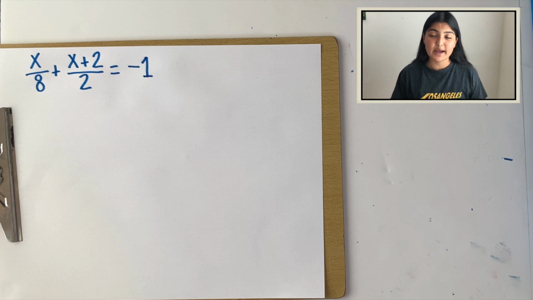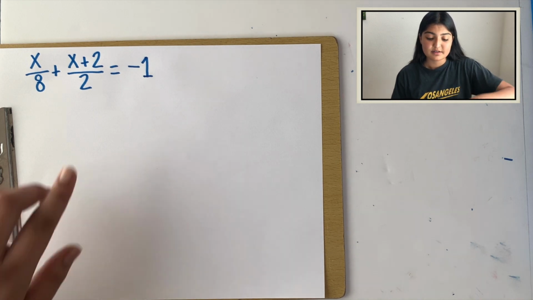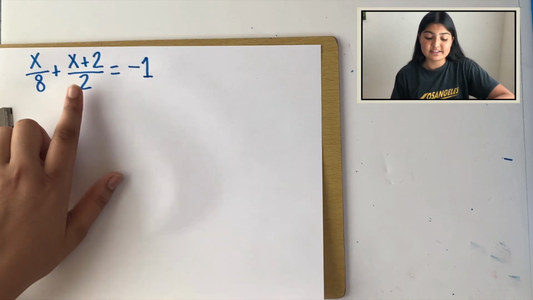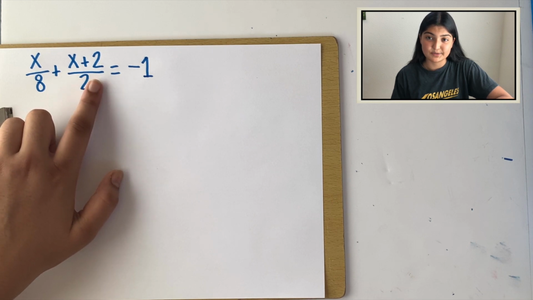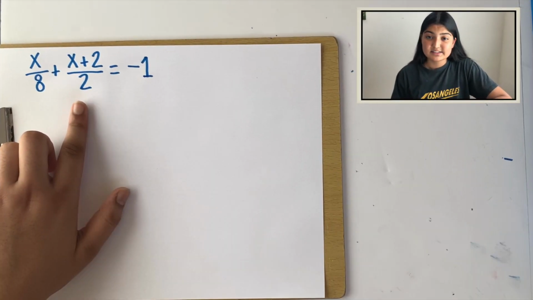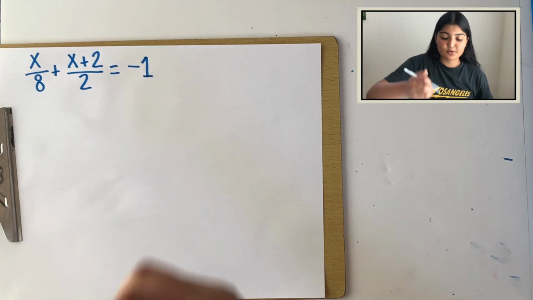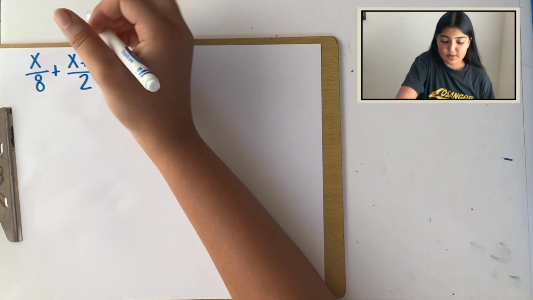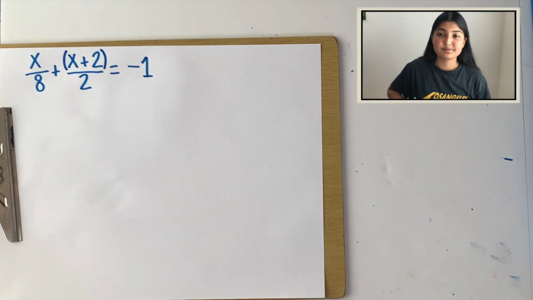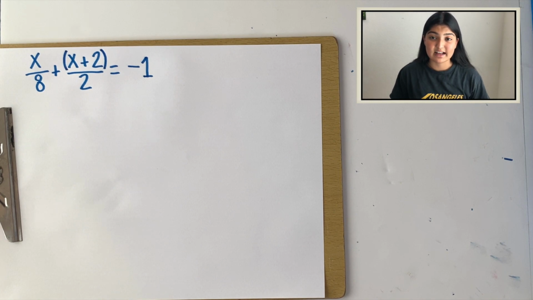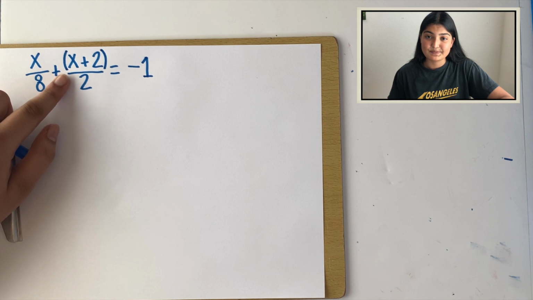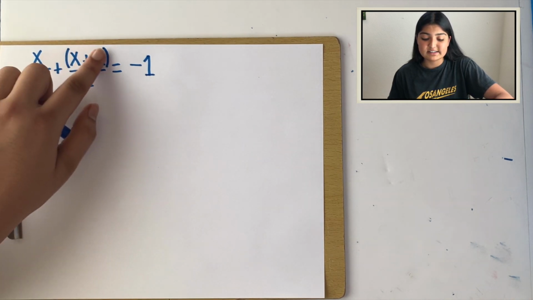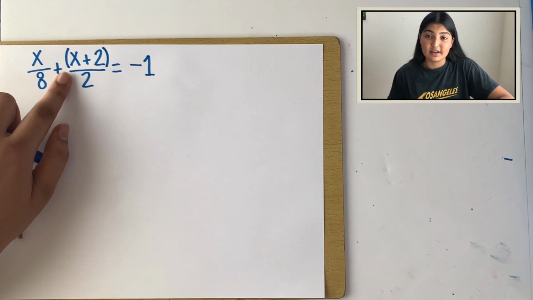Now, this equation looks a little more complicated because the numerator of this fraction is x plus 2. So, let's add parentheses around x plus 2. And this will tell us that we must keep this together and consider it as one whole.